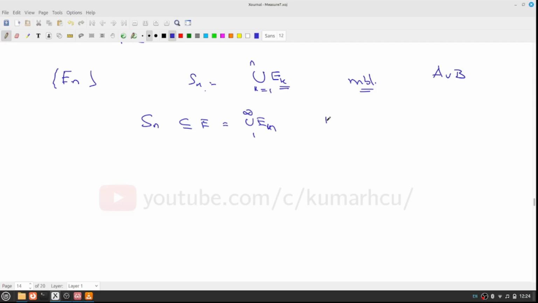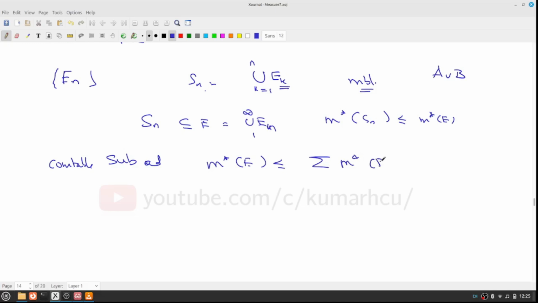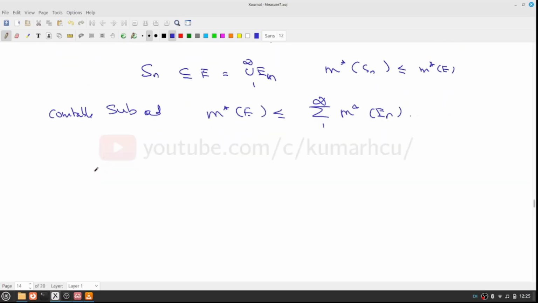Therefore, by monotonicity, m star of Sn is less than or equal to m star of E. Next, by countable subadditivity, m star of E is less than or equal to the summation of m star of En, n equal to 1 to infinity. Now let's look at m star of Sn.